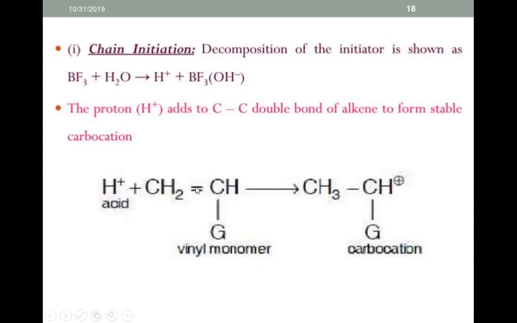The fission of the bond takes place unequally, migrating both electrons to any one of the carbon atoms. This bond contains two electrons. Heterolytic fission means these two electrons will be migrated to any one of these two carbon atoms.